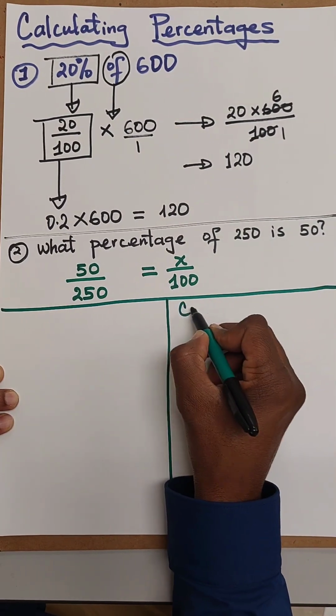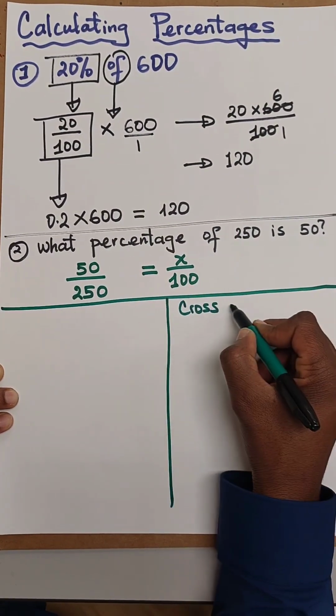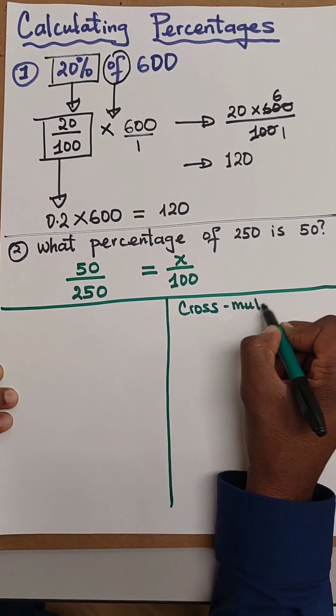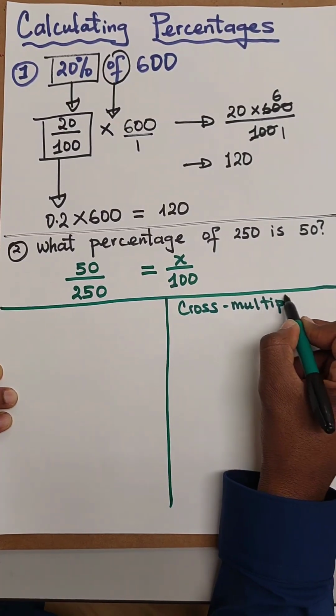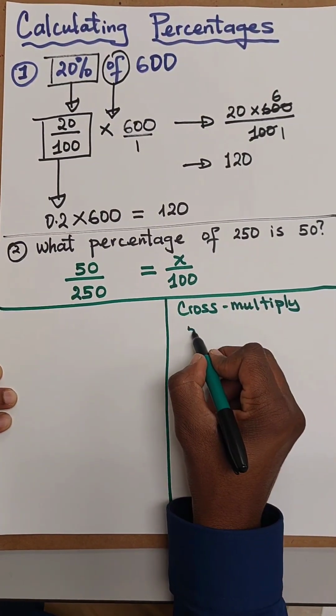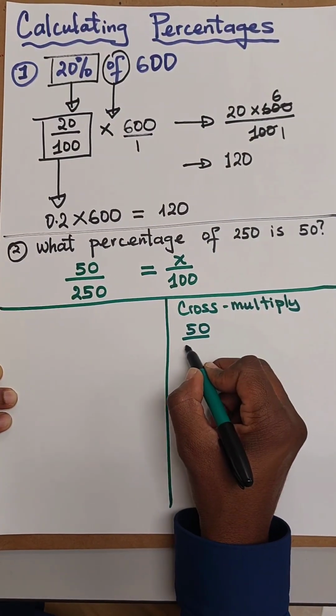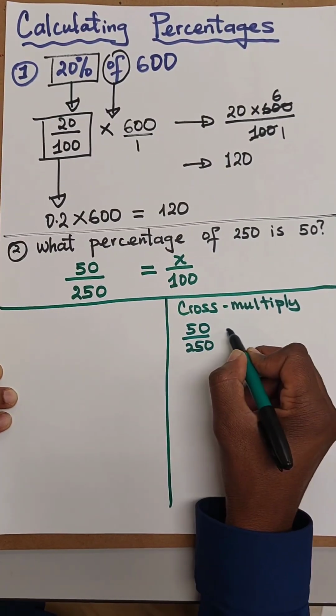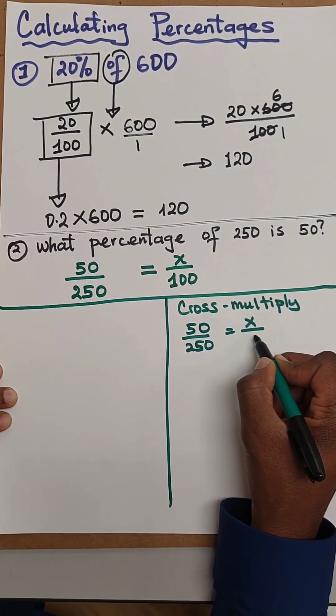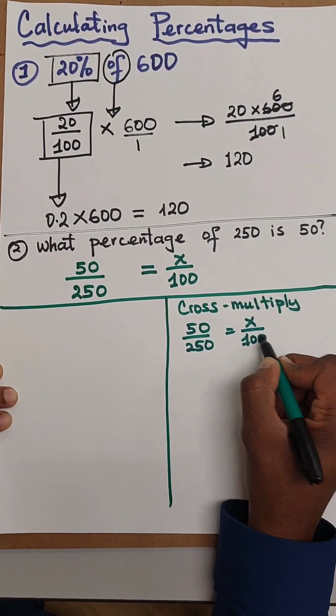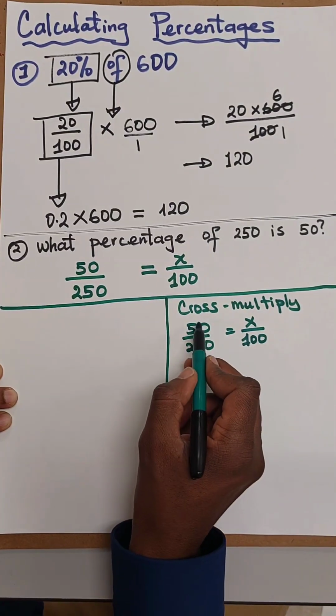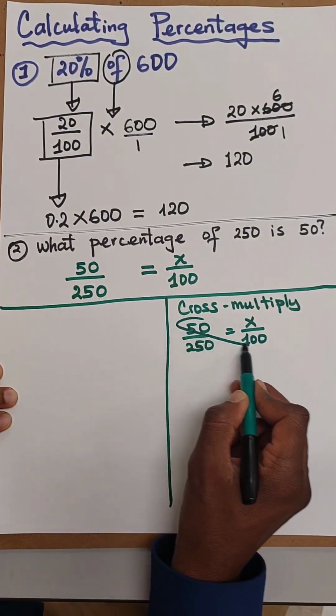You could do the cross multiply. So this is how we cross multiply. You have 50 over 250 is the same as a certain number over 100. So cross multiply means you do a diagonal multiplication like that.